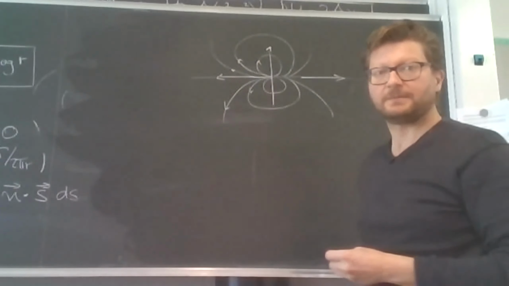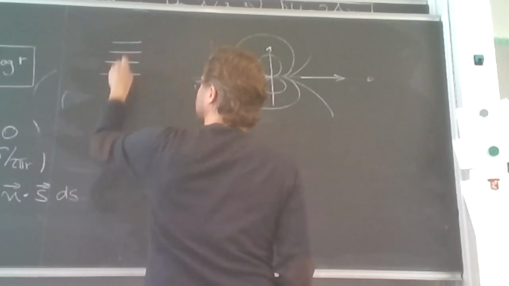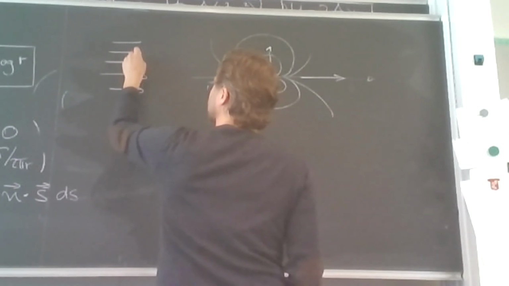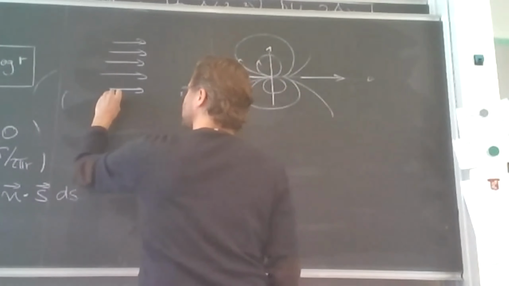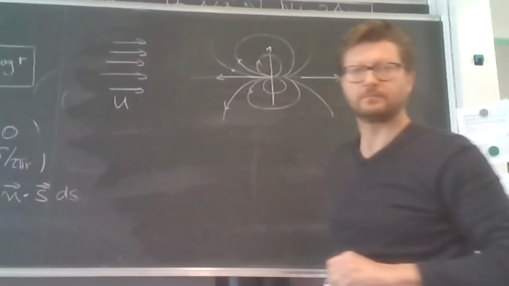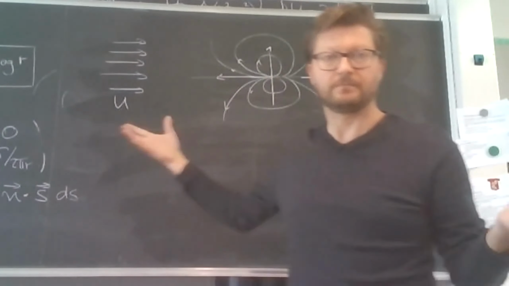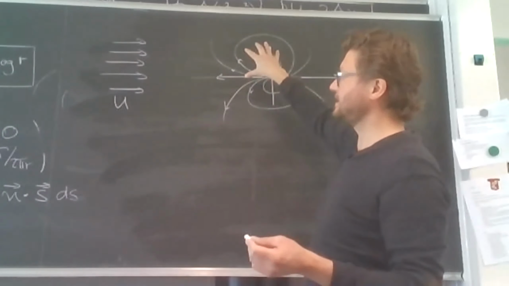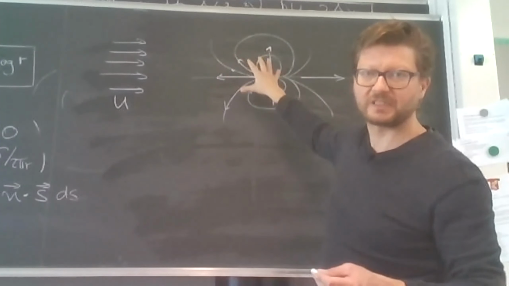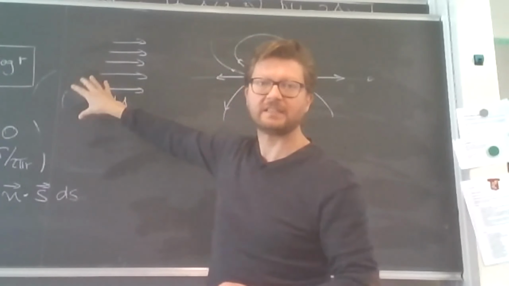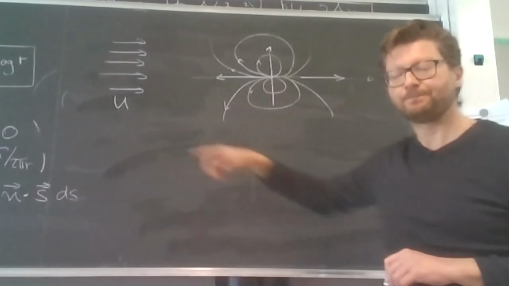And we add to that a parallel flow from the left. For both, we have potentials. This is the sum of a source and a sink, and we just add to that the stream function of a parallel flow.